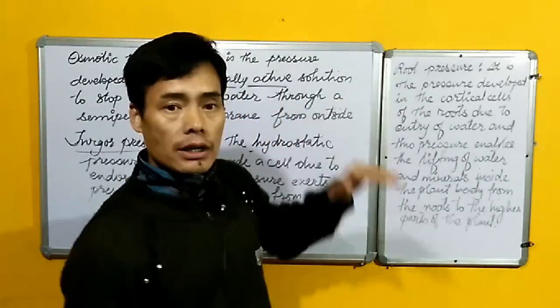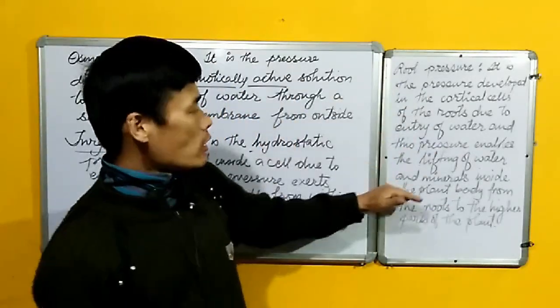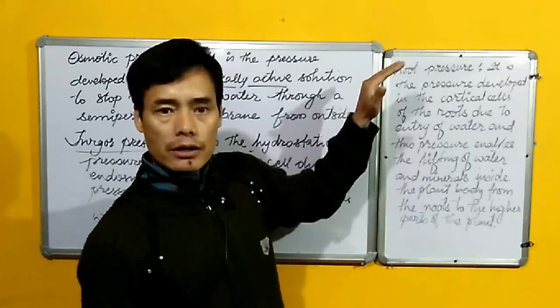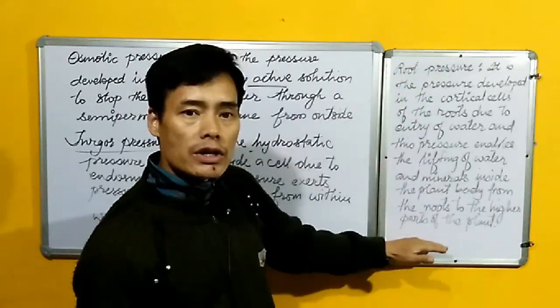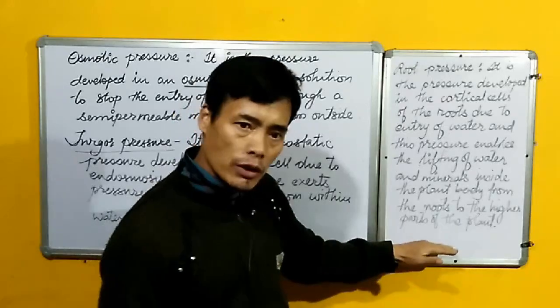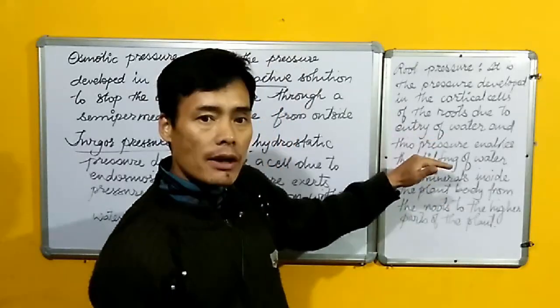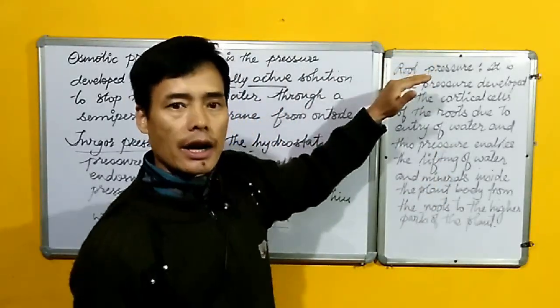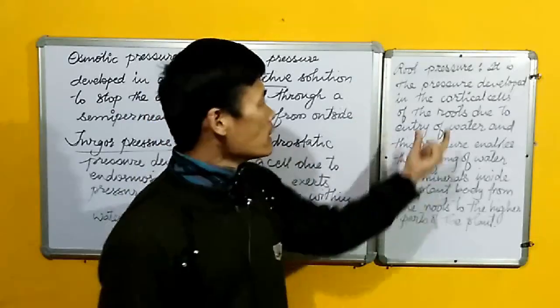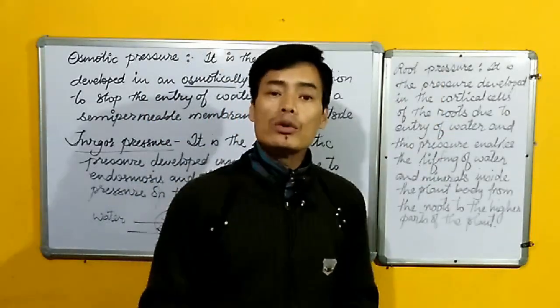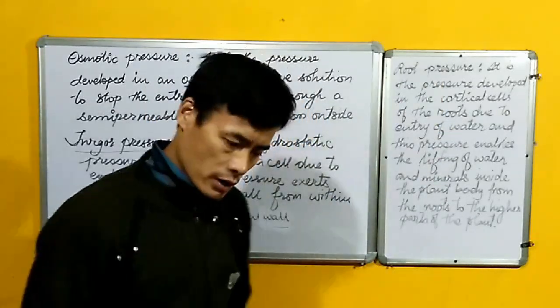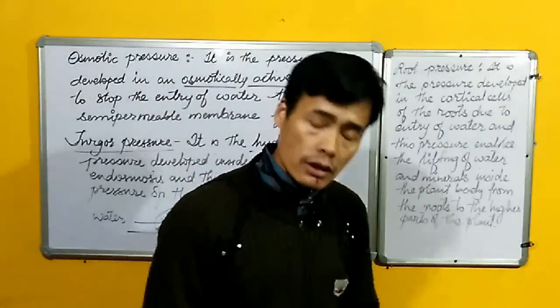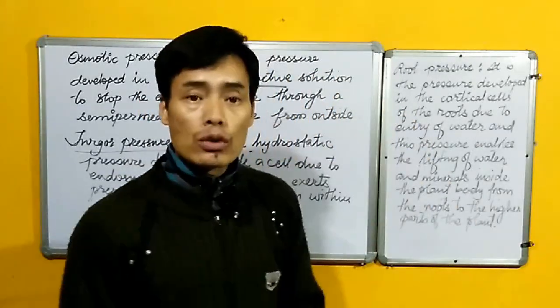So this enables the water to get lifted from the lower region of the plant body, that is from the roots, into the stem, and then further ahead in the plant body, and this is nothing but root pressure. Since this pressure is developed in the roots, it is referred to as root pressure.